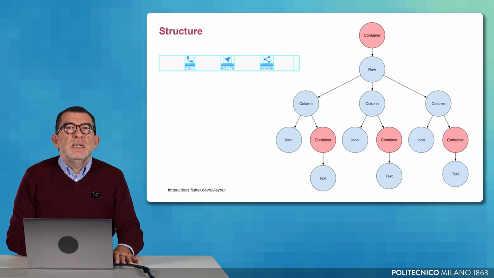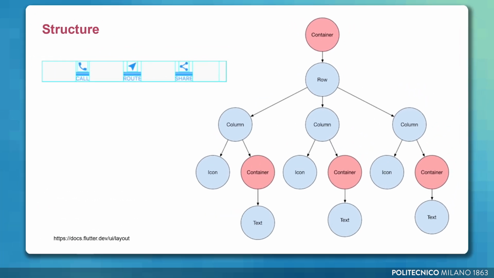Looking specifically at the second row, we see that each column is made up of an icon and the text label. While this setup is relatively simple, achieving a more refined layout requires accounting for the varying dimensions of these elements.